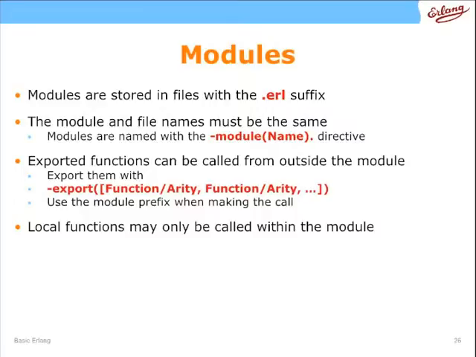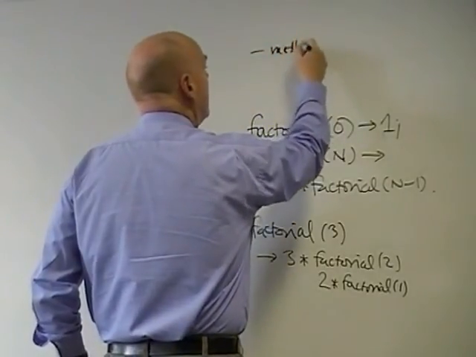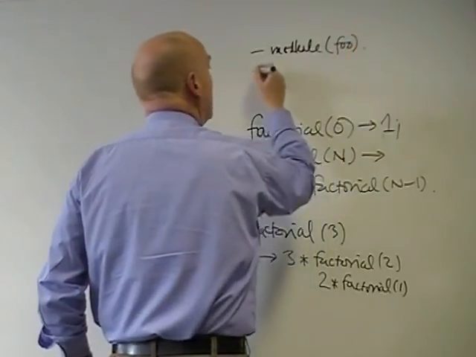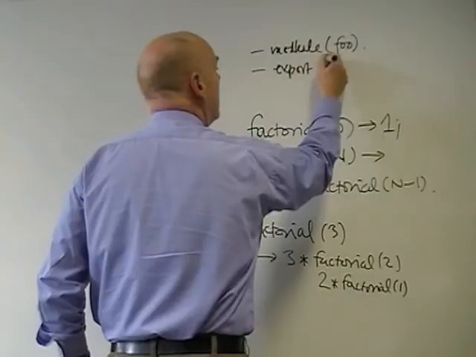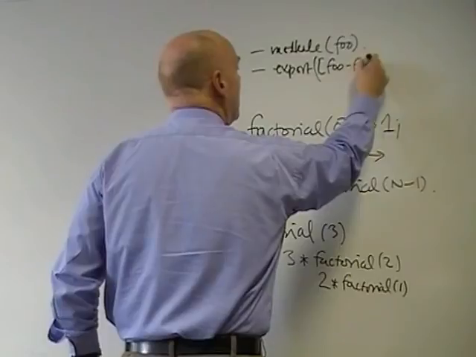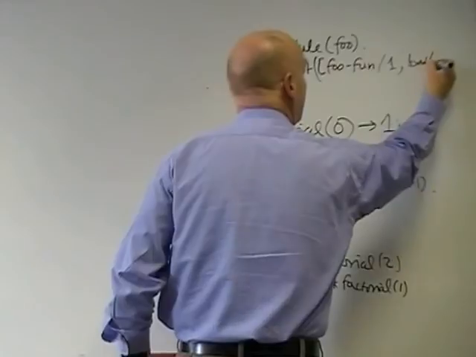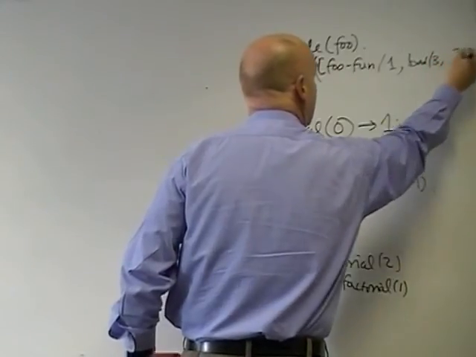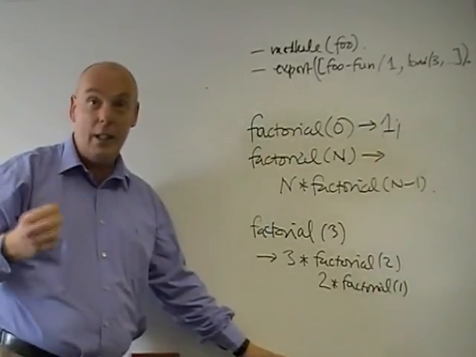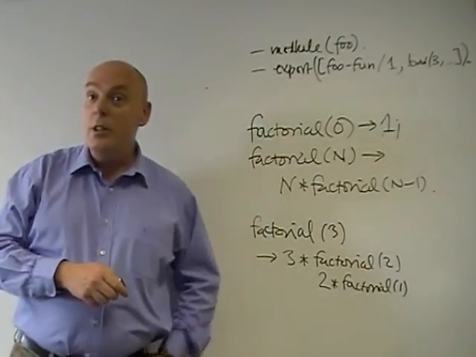So in a typical module we'll have the name, let's say it's foo, and then we'll have an export list, which will be a list of, I suppose we've got a function foo of arity 1, function bar of arity 3, and so on. So we get a list in that directive of the names of the functions followed by their arity. And if a function isn't exported, then we can't use it.